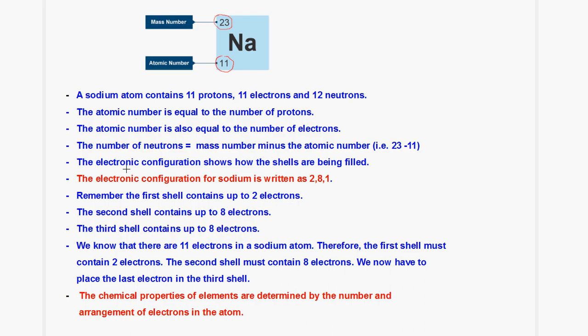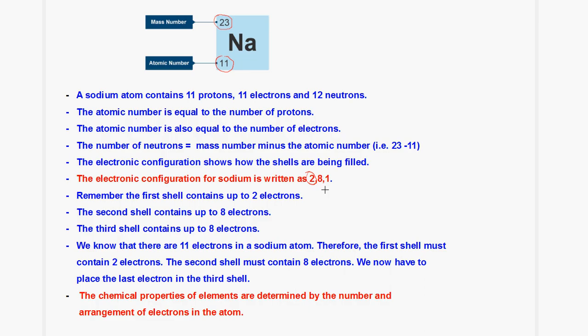And you also need to be able to write what is called the electronic configuration of an element. So the electronic configuration basically tells you how the electrons are filled in the shells around the nucleus. Now remember, I said in the first shell the maximum amount of electrons you can have is 2. So therefore, if we write the electronic configuration, we start off by writing 2.